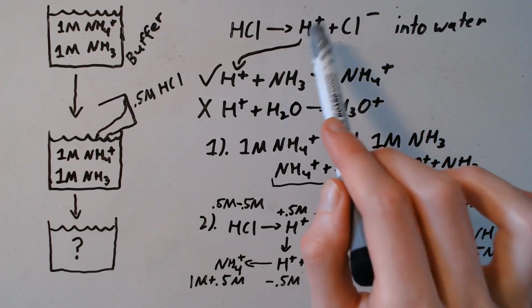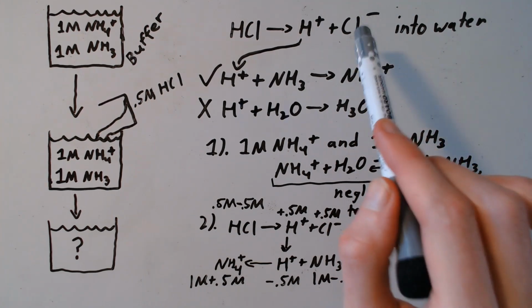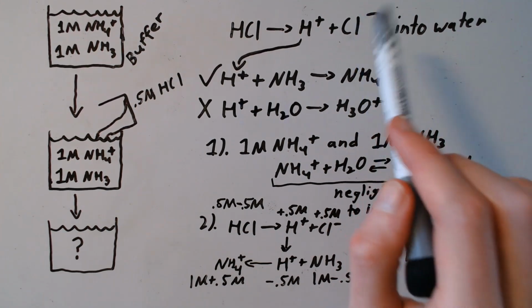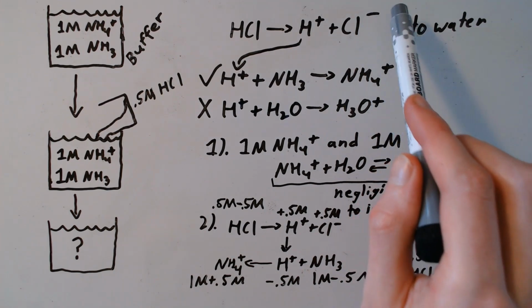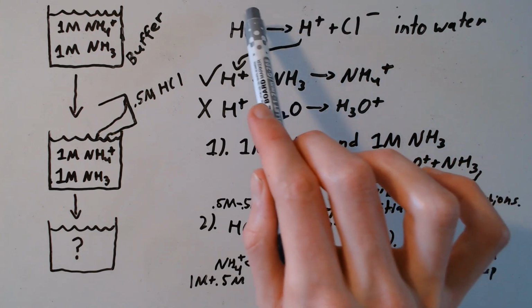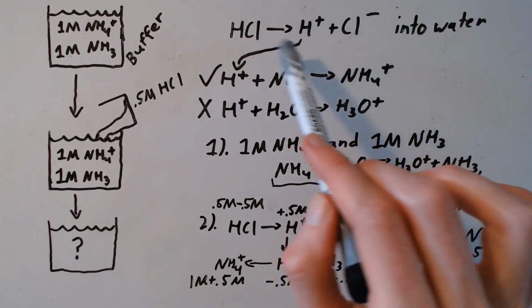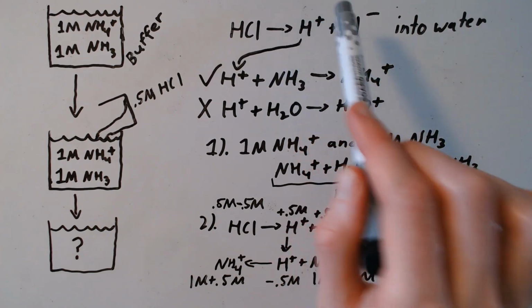This H plus ion is what matters because the Cl minus ion is neutral. We do not really care about what it does to this buffer because, frankly, it doesn't matter. It's the conjugate base of a super strong acid, so it's neutral and doesn't have any effect. So the H plus is what really has the effect.